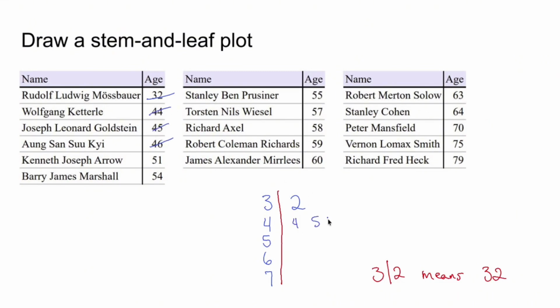I get 1, 4, 5, 7, 8, 9. I get 0, 3, 4. And last but not least, 0, 5, 9. And that's going to be your stem and leaf plot. Look how pretty that is.